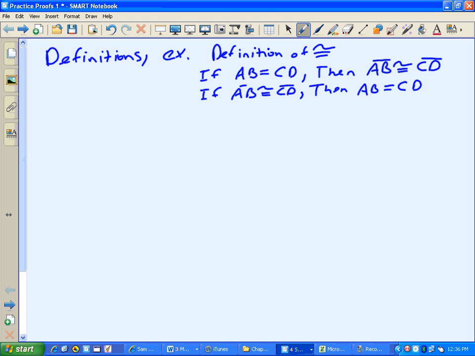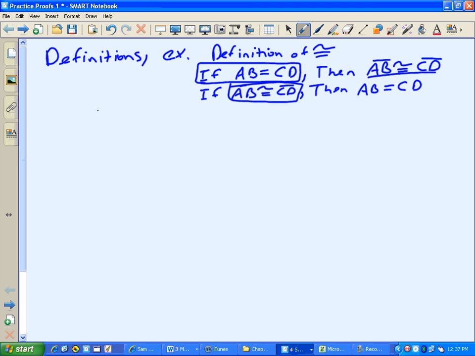Since it's biconditional, which all definitions are, if I have two things that are equal, I can say that they are congruent, and my reason would be definition of congruence. I can go the other way too. If I have two things that are congruent, I can then say that they're equal by the definition of congruence.